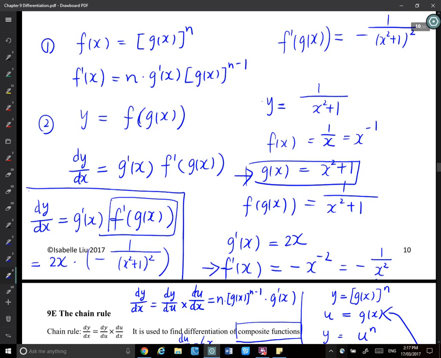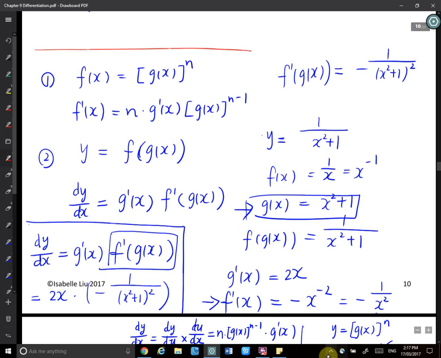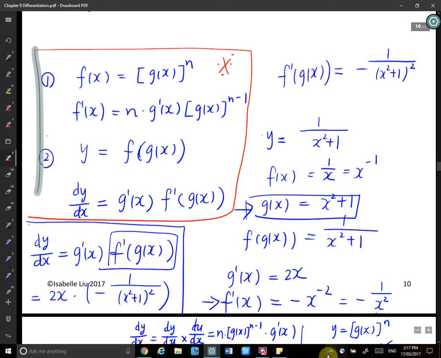That's the second important formula. It's normally not working questions for this type, it's for some other type of questions. I just want to show you an example because you haven't learned sine, log, those kinds of derivatives. I can only show you the simple one, but the idea will be the same. So dy/dx equals g'(x) f'(g(x)). Two important formulas here. You must remember them, they are very important.